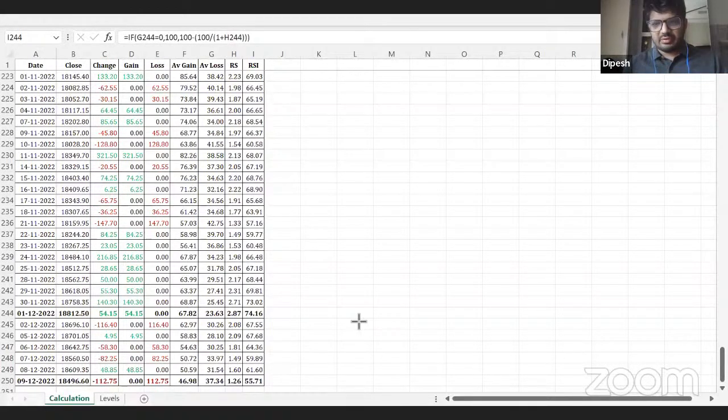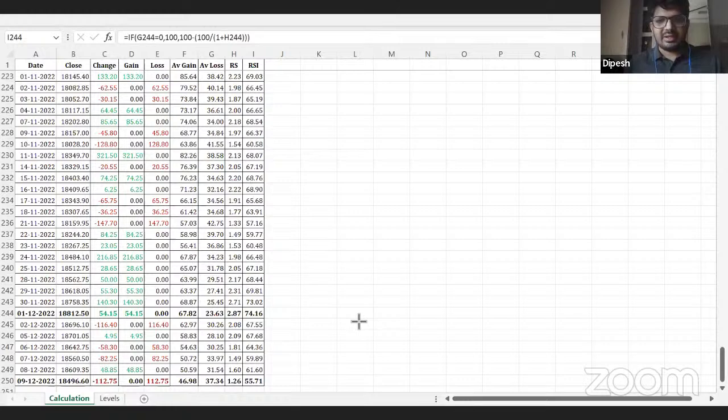Since I told you that the RSI is bounded between 0 and 100, that gives us 50 as the midpoint. And 50 is a very key point as far as RSI is concerned, because that is what shows the equilibrium of the market. You don't stop when you see the RSI is 50.